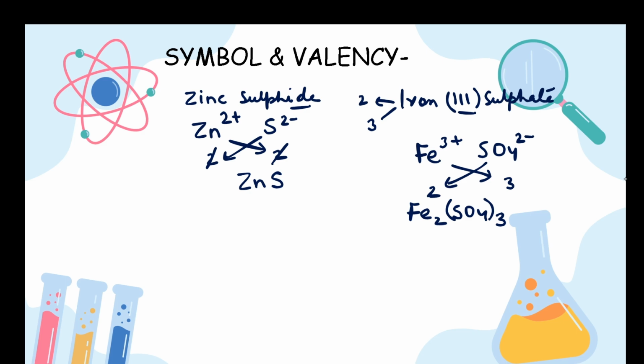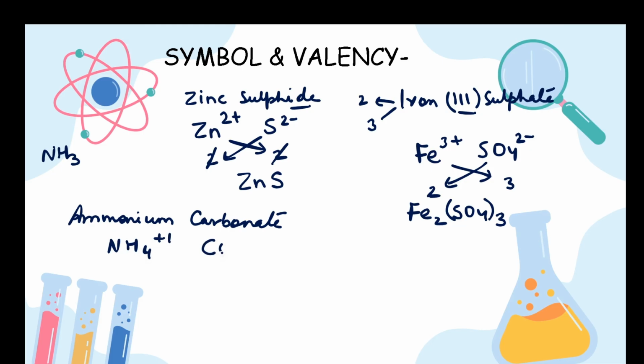Another example we take is ammonium carbonate. Now, many times children make a mistake between ammonium and ammonia. Ammonia is NH3 and ammonium is the only positive radical having a valency of +1. Carbonate is CO3 2 minus.